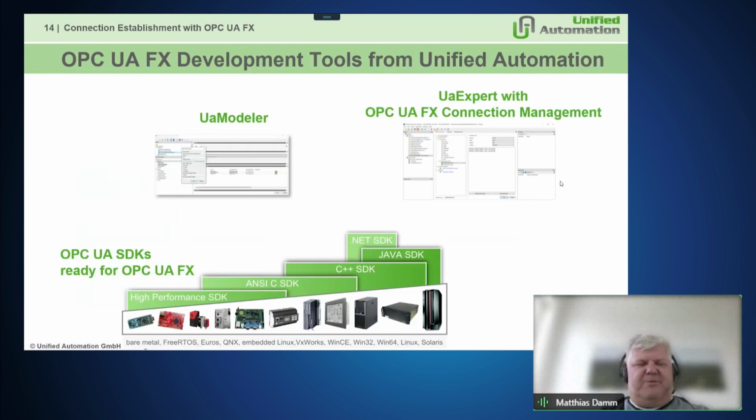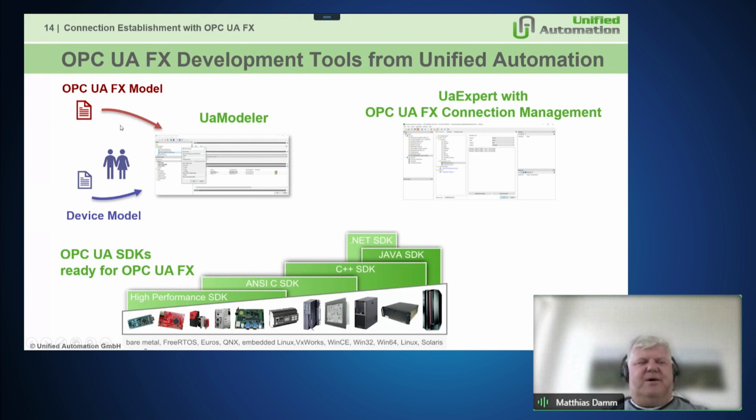So from a product development point of view, we have the OPC UA FX information models that you need to feed into your product. You have your device description, or description of your automation component, of your functional entity. That could be static if you have a simple device, or could be dynamic based on the configuration. But if it's static, you can create code for your product with UA Modeler.